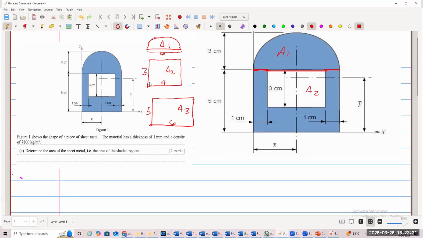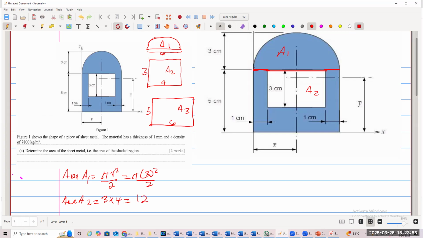So let's find the area of A1. It's pi r squared upon 2, which is pi times 3 squared upon 2. Please tell me the answer for that one. I'm going to do the next one. The area of A2 is length times width, so it's 3 times 4.